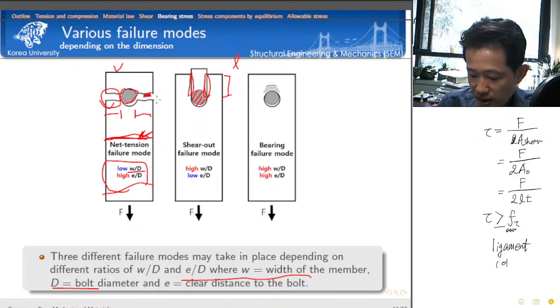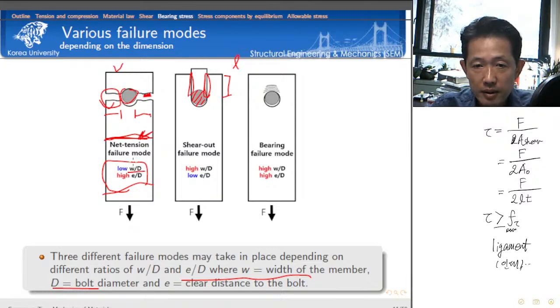Ligament means 인대 in Korean, something that connects in tension. With a small ligament and a large clear distance, we get tensile failure. But in the case of shear failure, the clear distance to the bolt diameter is very small and the width is big. In that case, we have shear failure.